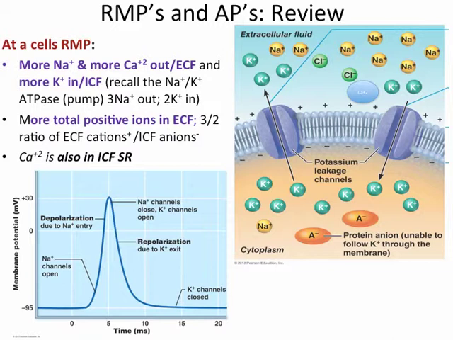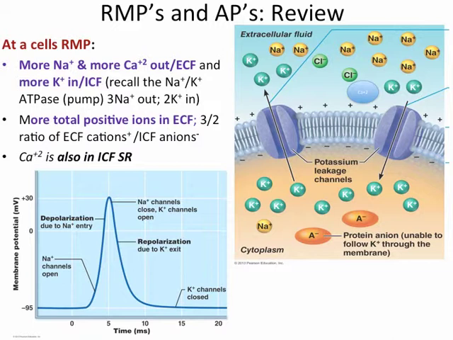So basically, both sodium and potassium are going to move when channels are open, and these ions are also going to move because there's a concentration gradient. So sodium's going to move into the cell because there's a concentration gradient for sodium. So there's a larger concentration of sodium on the outside than there is on the inside. And when sodium is moving into the cell via open sodium channels, that event is called depolarization.